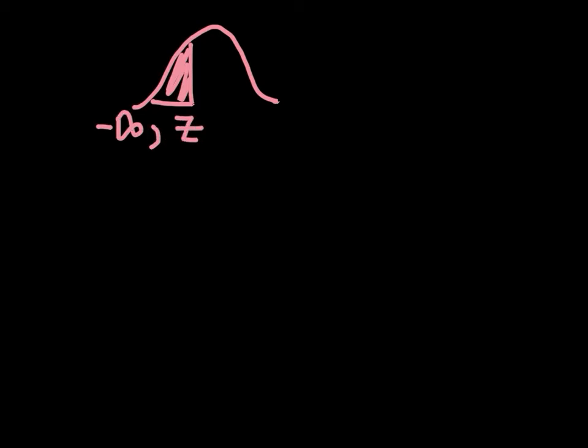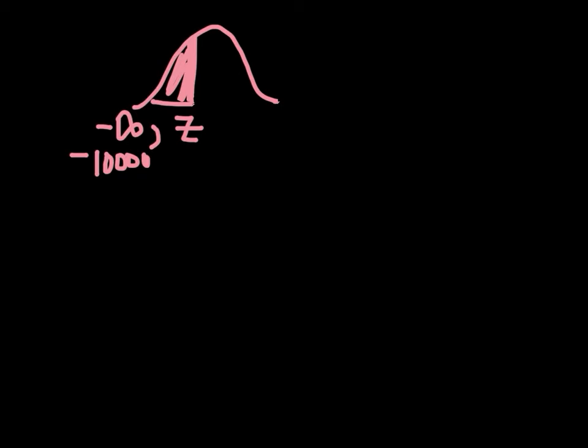So to review, if you have a picture where the area is to the left, then your left bound is negative infinity and your right bound is whatever that z value is. Since your left bound is negative infinity, use a number like negative 10,000 or negative 90,000, some large negative number.